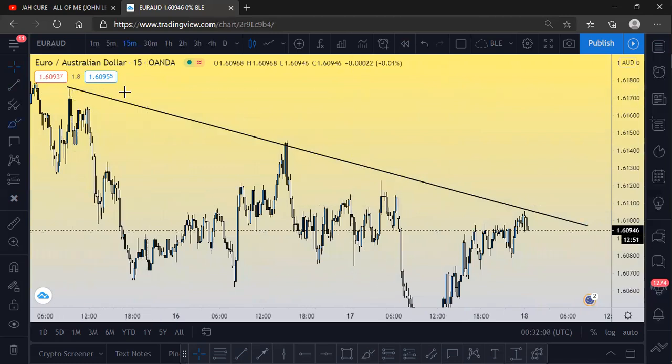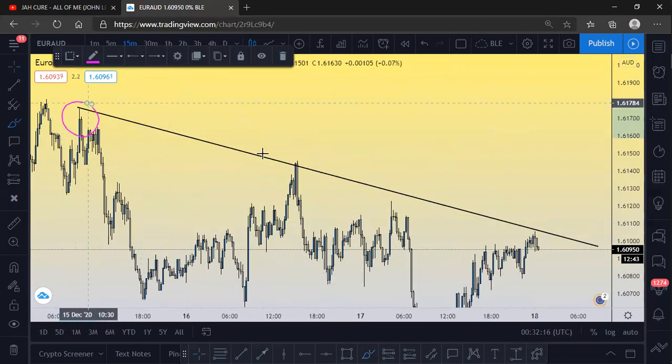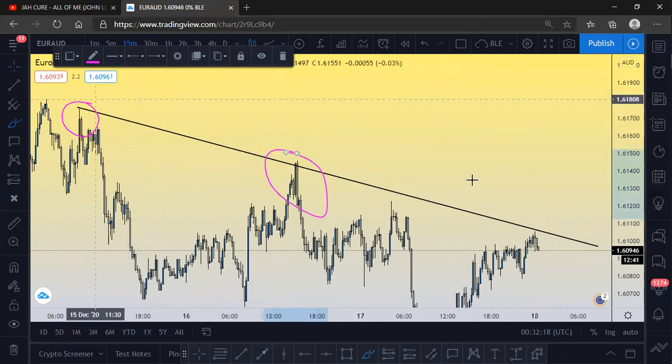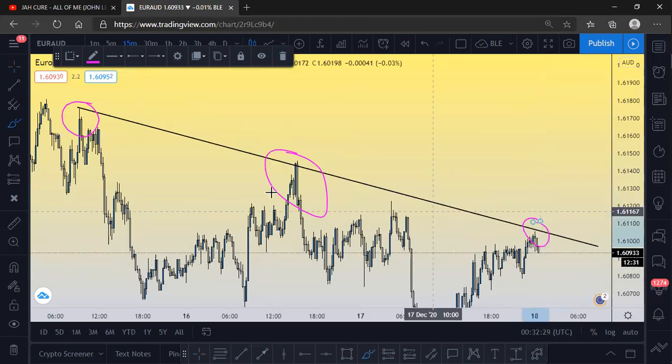But this is what we are just saying. You can see how we had the first data point here. We had price reject here. So let's draw the trend line and project it to the future. Then you can see how we have the third one here, playing off nicely. So this would have been an opportunity to sell.